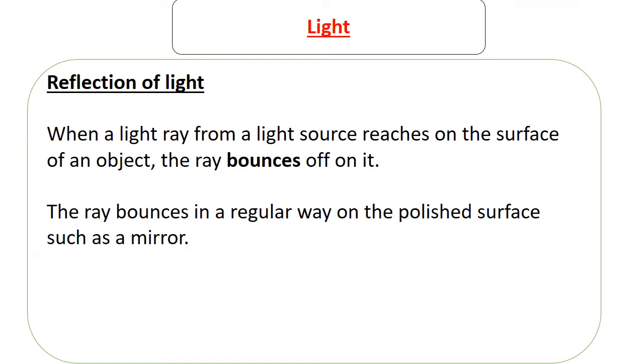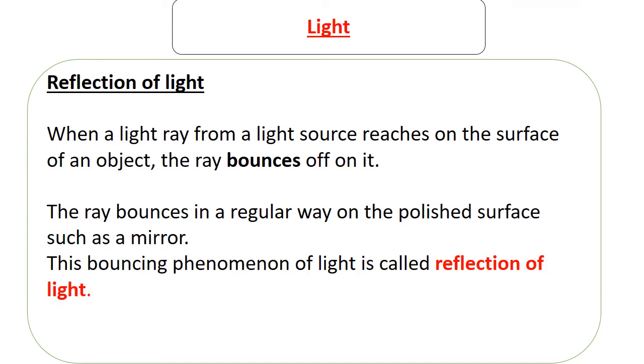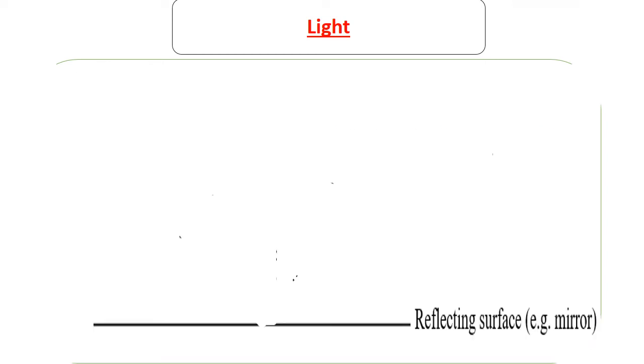The ray bounces in a regular way on a polished surface such as a mirror, in a way that you can measure and determine. But on rough surfaces, it does not bounce in a regular way. So this bouncing phenomenon of light is called reflection of light.